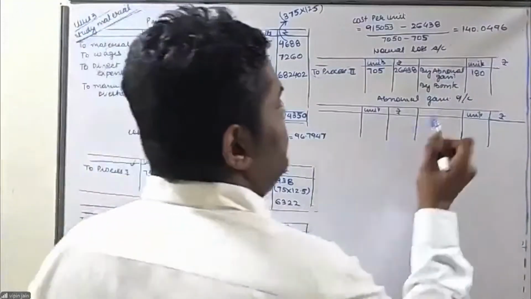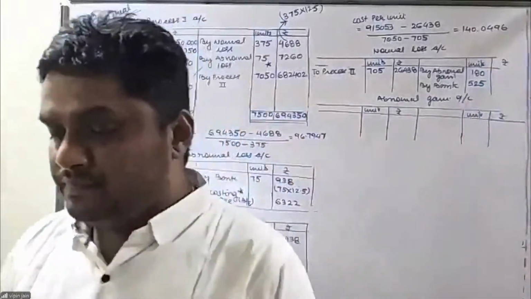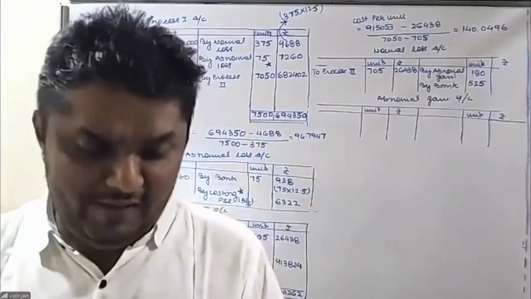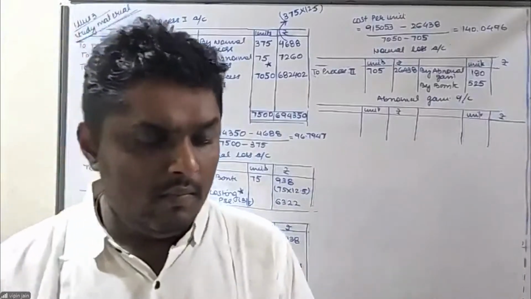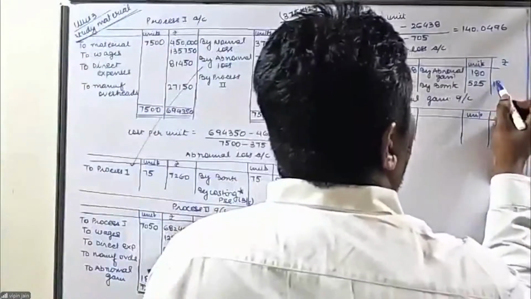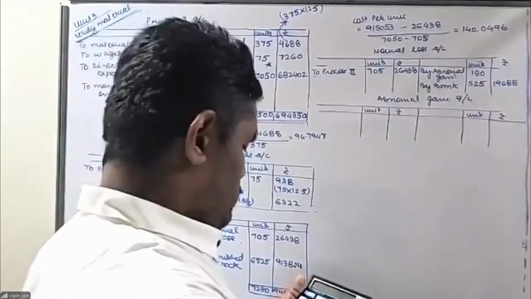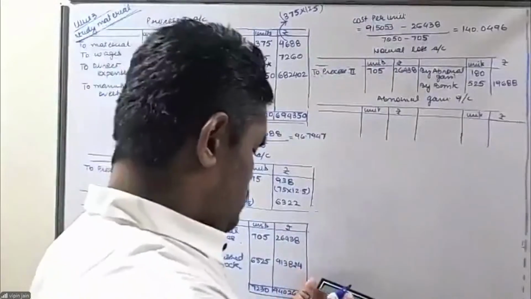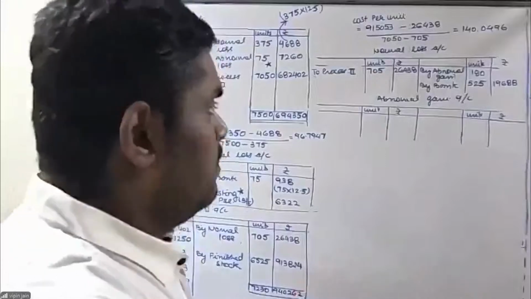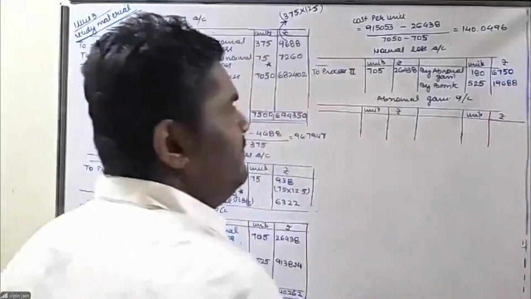That is, 525 units are only sold in the market at the rate 37.5. So the balance amount will be adjusted against abnormal gain, that is 6750.